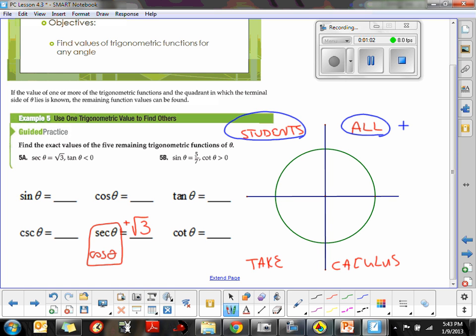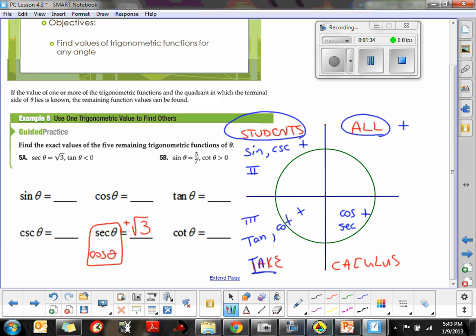Sine and cosecant have to be positive in the second quadrant. In the third quadrant, anything associated with tangent, so tangent and cotangent, have to be positive. And the calculus implies that anything associated with a cosine, which is a secant, has to be positive.